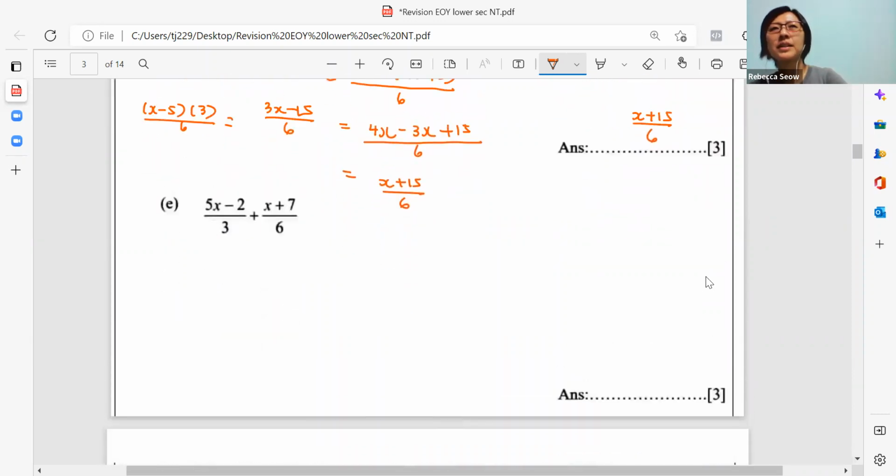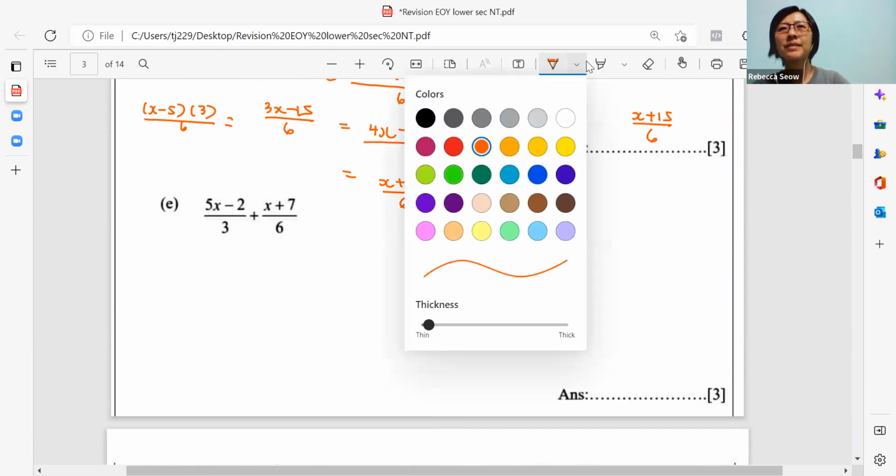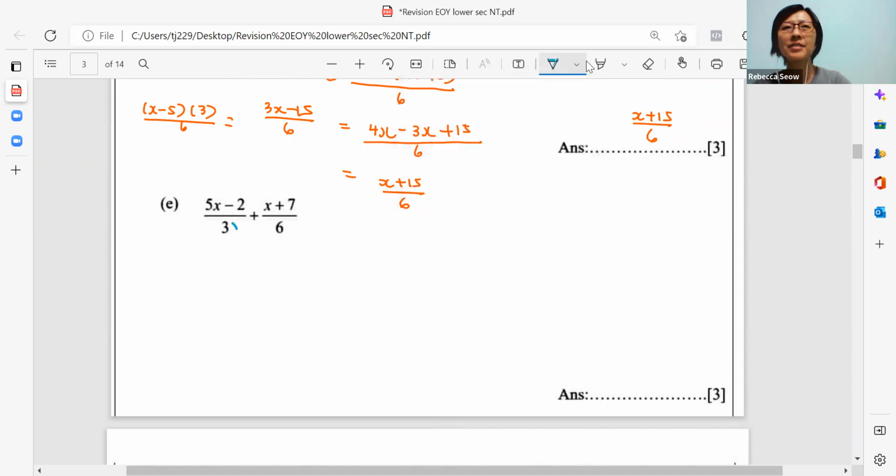Okay, so this will be the last question that I will be doing for tonight. We have again two fractions to be added. First fraction has denominator 3 and the second fraction has denominator 6. So you will ask, hey, how can I make the denominator 3 become denominator 6? So what we do is we multiply the first fraction by 2.